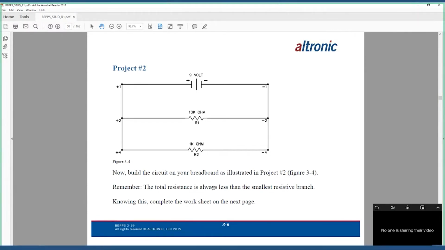So if we start working out our total resistance, we take 10,000 ohms and multiply it by 1,000 ohms, coming up with 10 million. And then we add the values of the two resistors together. So that's 11,000.